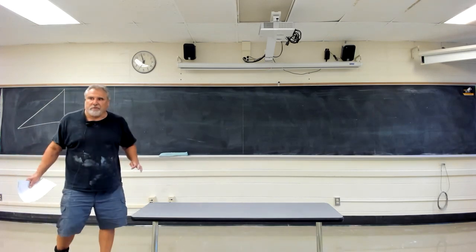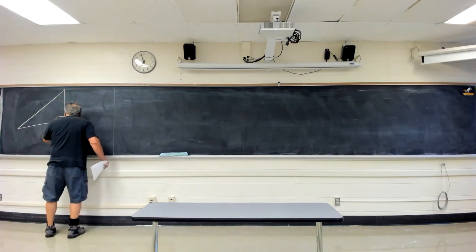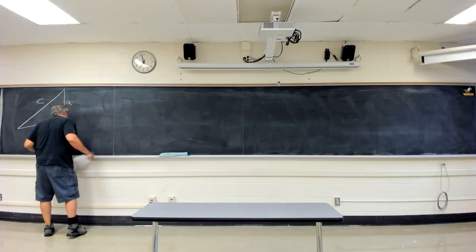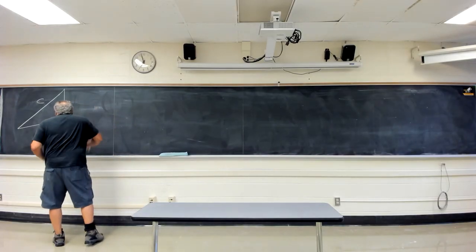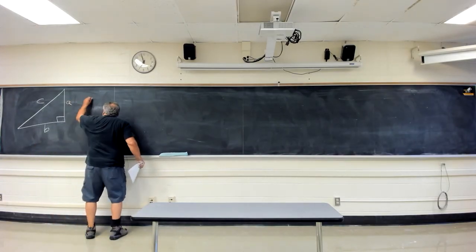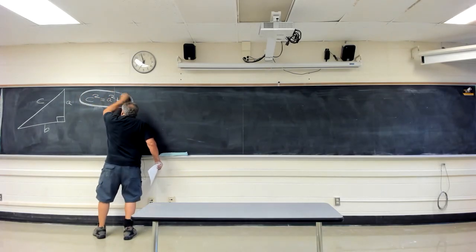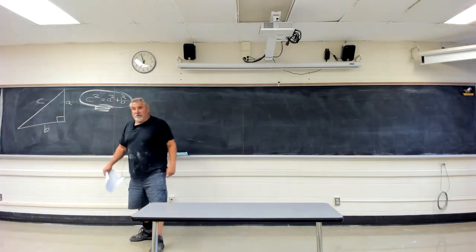If you look at a right triangle, with a 90-degree angle, the longest side is called the hypotenuse, and the legs are called A and B. You call either one whatever you want. So C squared equals A squared plus B squared is the relationship that exists in any right triangle in the universe.